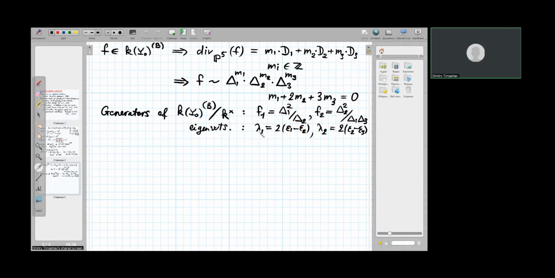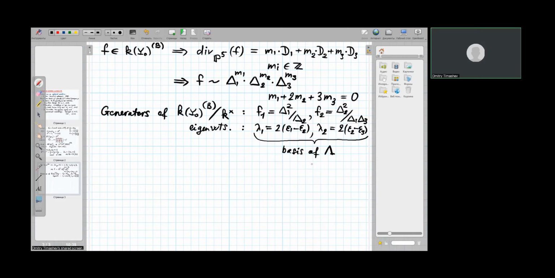So these weights, lambda 1 and lambda 2, give us the basis of the weight lattice of my homogeneous space. So we have computed the weight lattice. The weight lattice here is of rank 2.